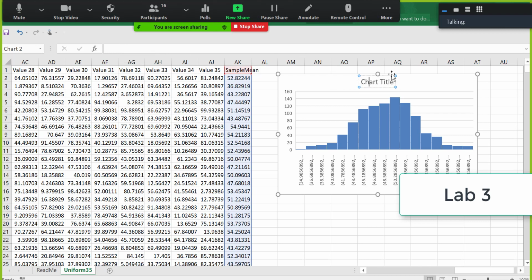I can change the title to sample mean, and we also know the sample size equals 35.